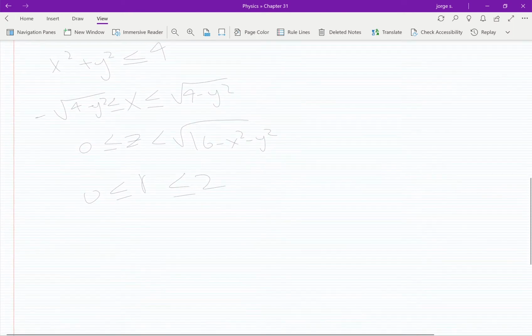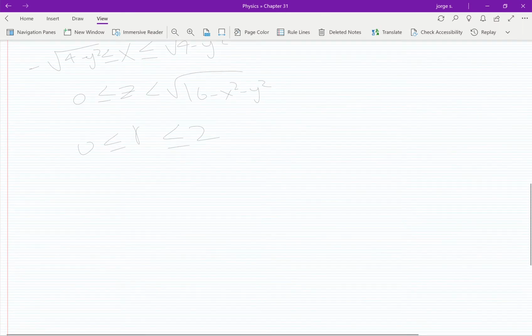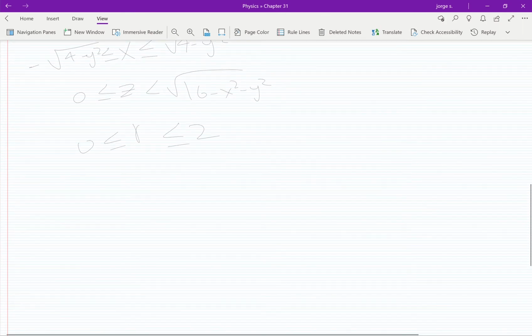So now we know the height and we know volume equals the region from the double integral f(x, y) dA.